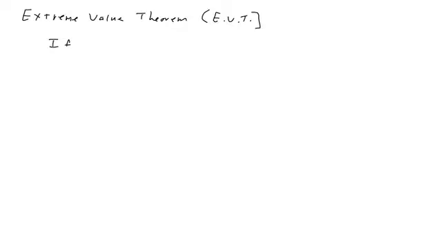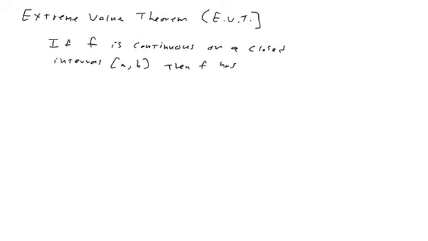If f is continuous on a closed interval a to b, then f has both a minimum and maximum on the interval.